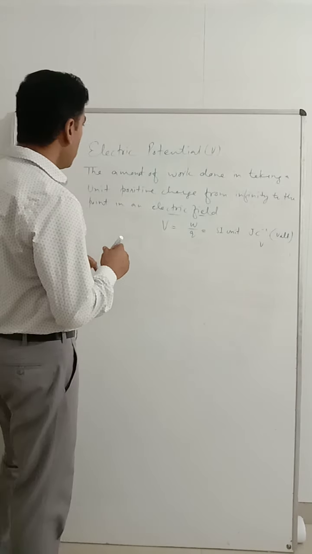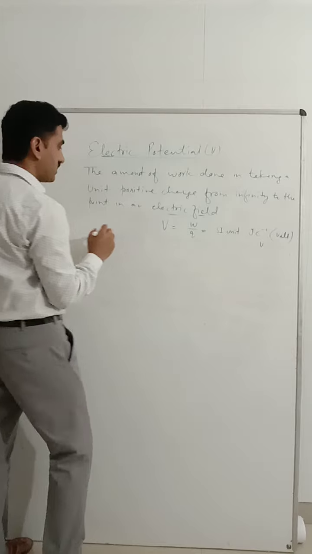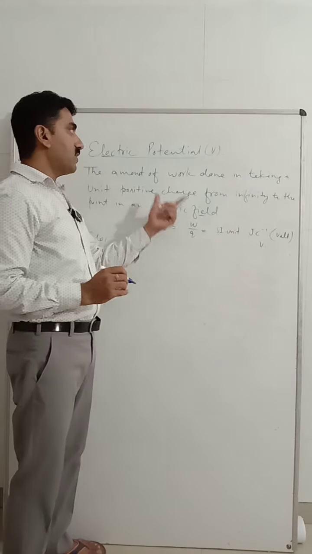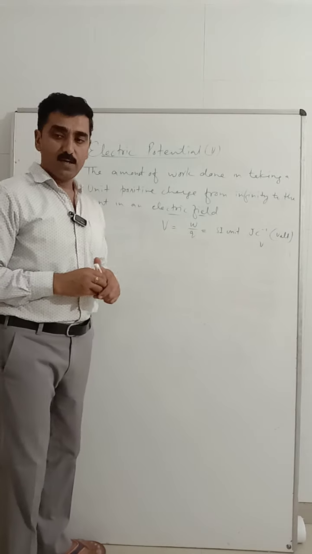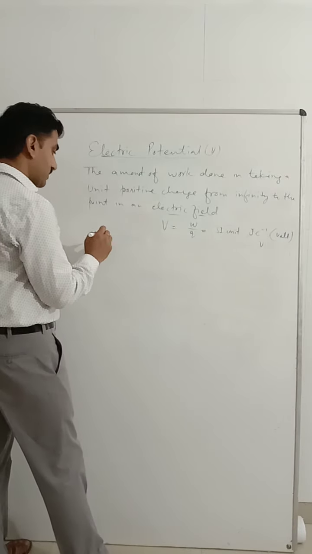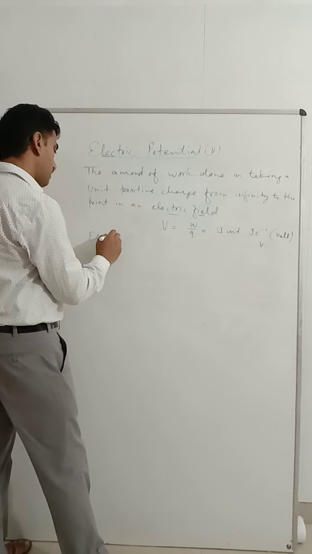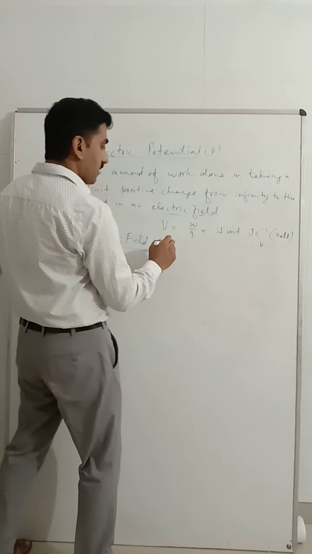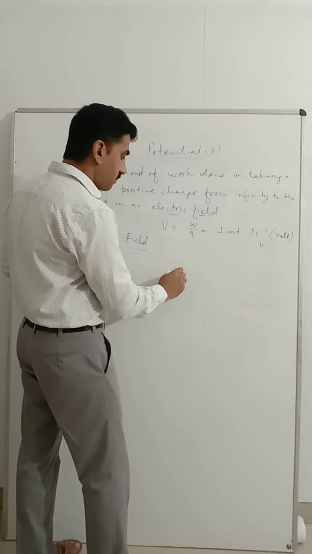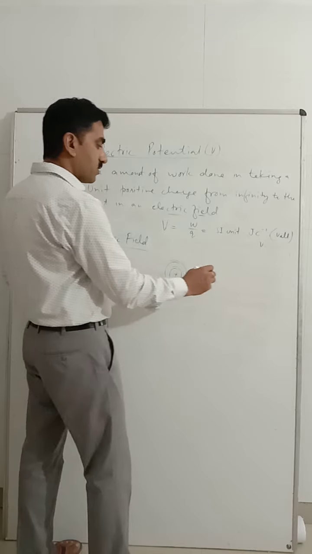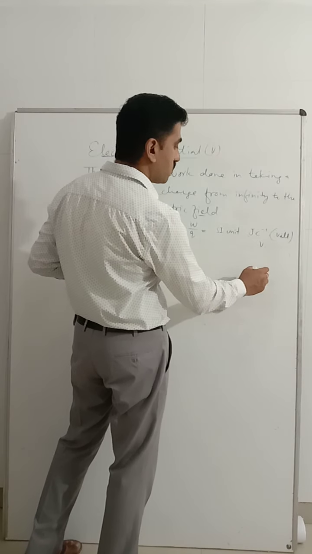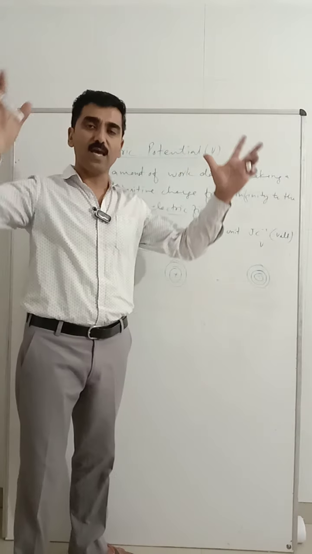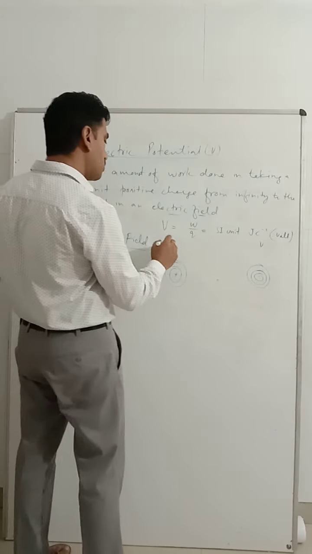So here comes another similar concept. Let me define first of all the electric field, then I'll tell you about electric potential difference. What is the electric field? Basically, the electric field is a space around a positive charge or a negative charge.